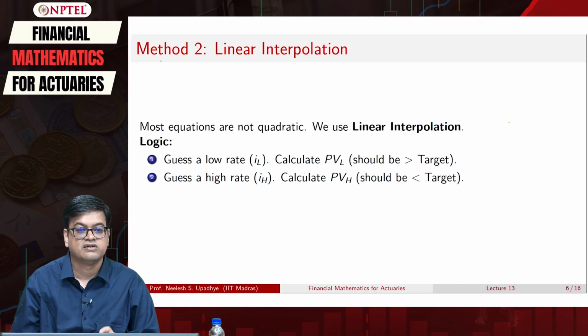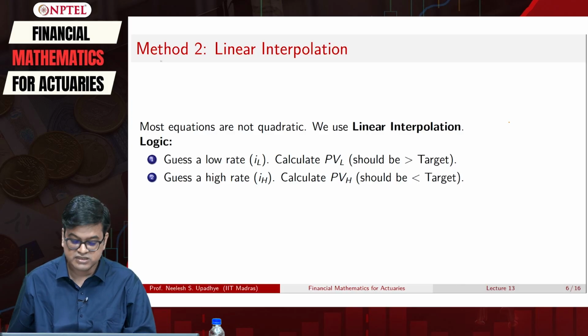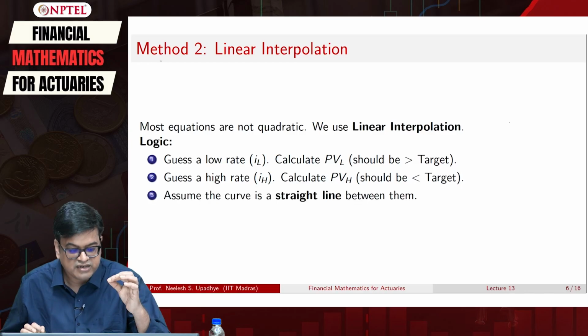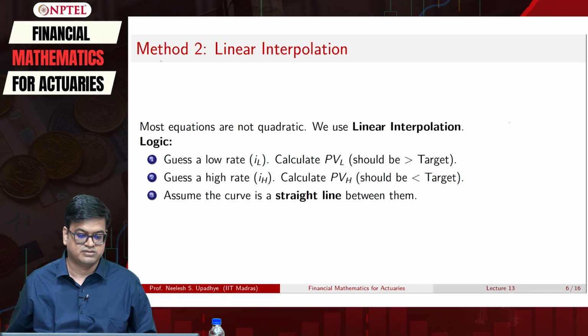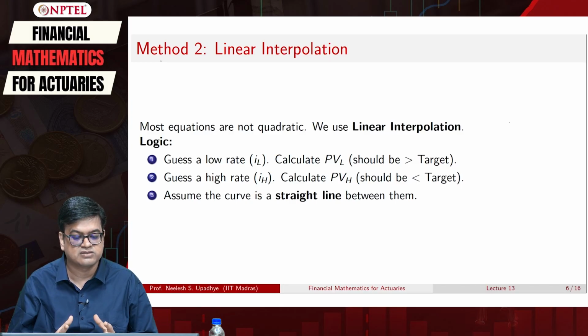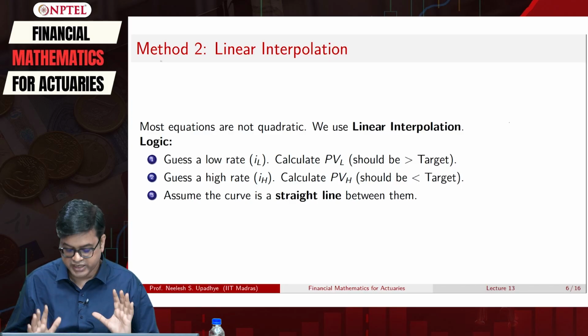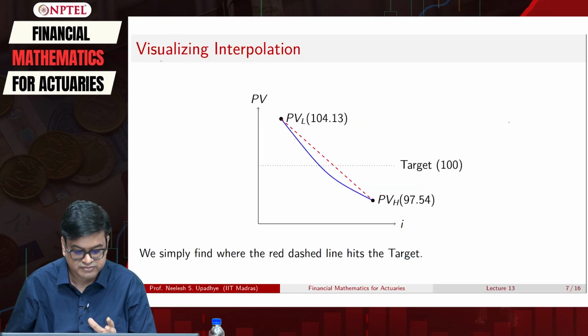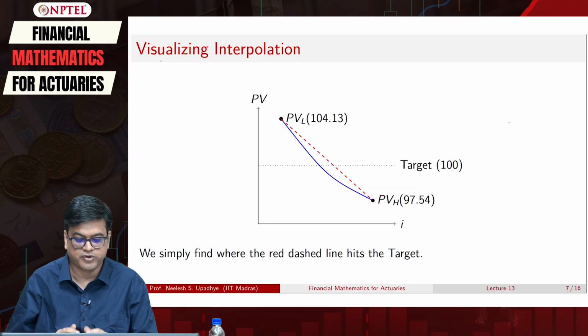And then what you will do, as I mentioned, you will assume that there is a straight line between these 2 points. Once you do that, then it's a matter of finding the slope and doing appropriate calculation, and that thing will be given by this kind of approximation.